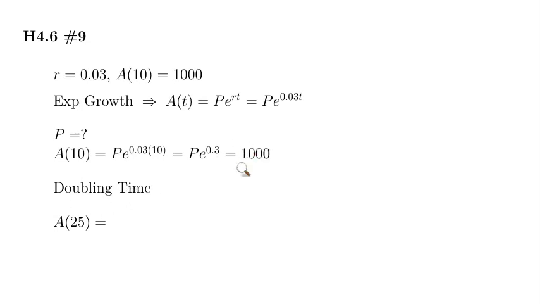Once you've done that, we just have to solve for P. So I'm going to multiply by the reciprocal of e to the 0.3, which is e to the negative 0.3. If you multiply both sides by e to the negative 0.3, that way you have P all by itself, and so you have 1,000 times e to the negative 0.3.